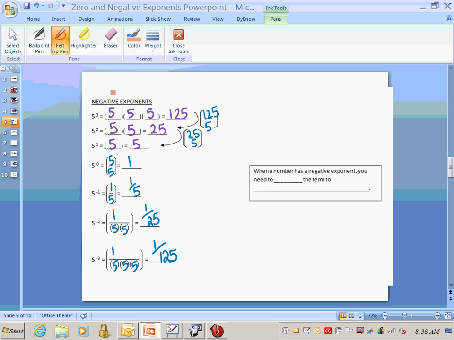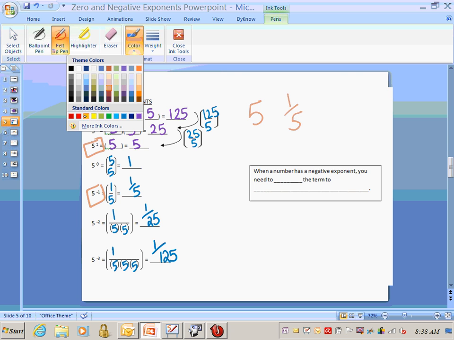Okay, so this is kind of our introduction to negative exponents. If we're dividing every time, what's the difference between 5 to the 1 power and 5 to the negative 1 power? We've learned this word this year. I've got 5 and 1/5. What are these? Reciprocals. Good.